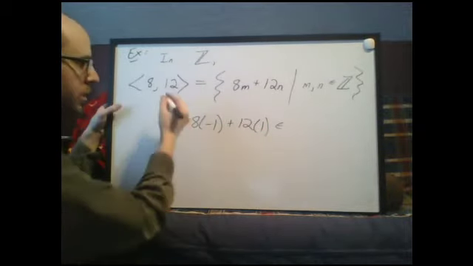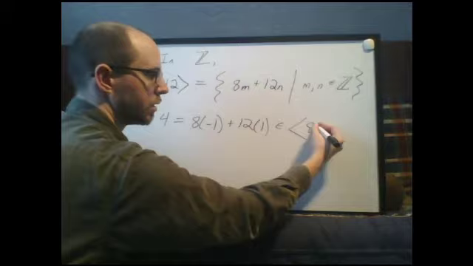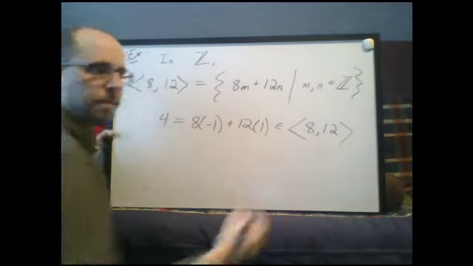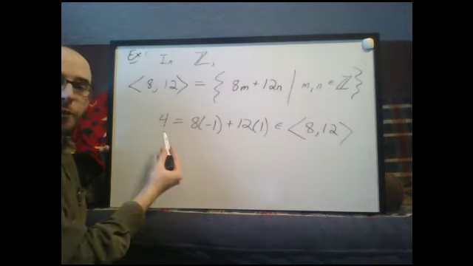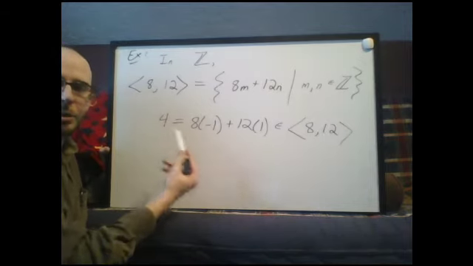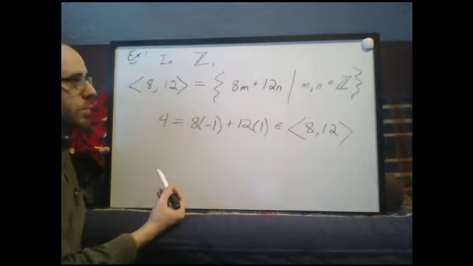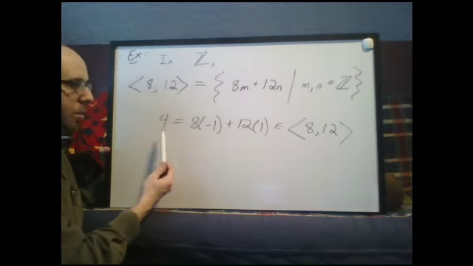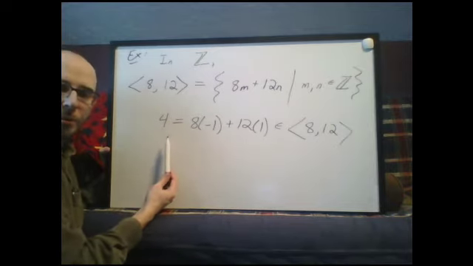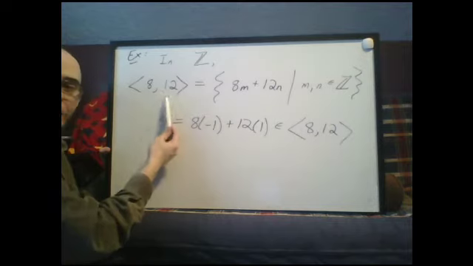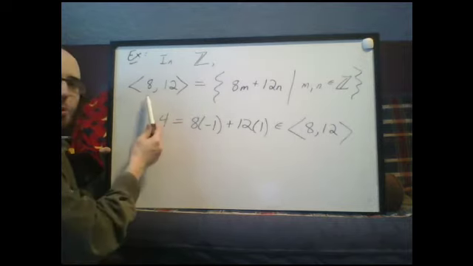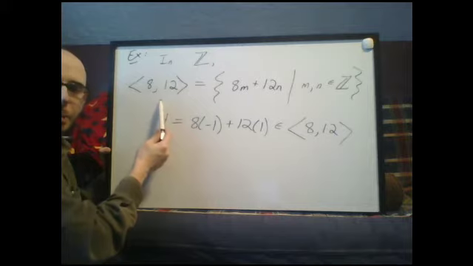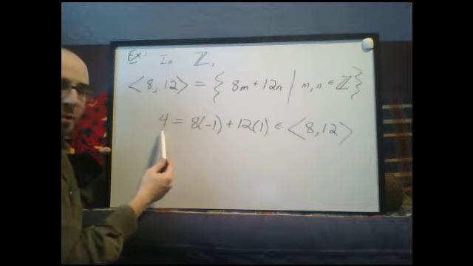So that lives inside of this ideal. 4 is an element of this ideal. Once 4 is there, every multiple of 4 is there. So in this example, once I have 4, I get every multiple of 4. So 8 and 12 are both multiples of 4. So therefore, I don't really need to use both 8 and 12 to generate this stuff. All I really need is 4.